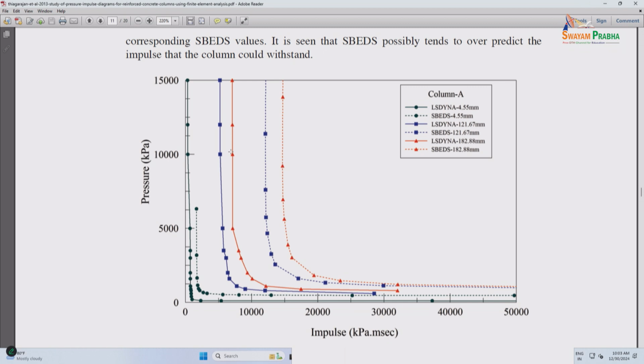But if you go through advanced analysis, you will see that your dynamic high LOP using LS-DYNA, this is the orange curve, is even lower than the S-beds. So here it's lower than this value.